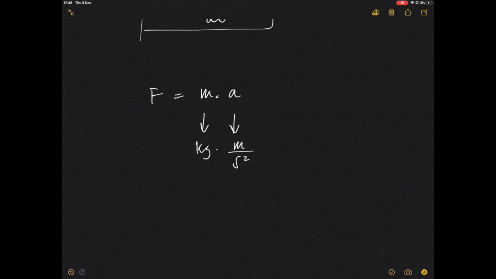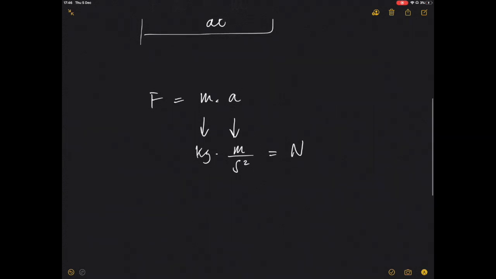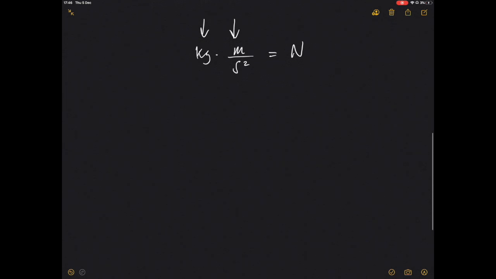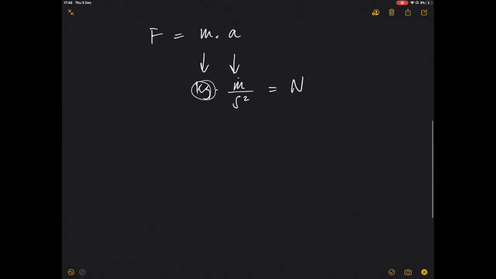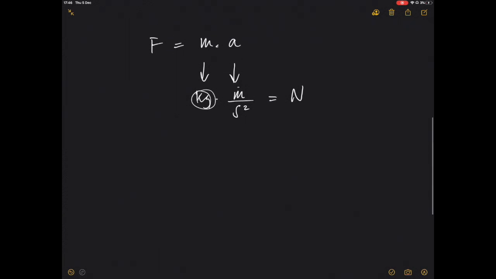Well, all of a sudden we've got our units for force, which we call newtons in this country. Some countries don't, but we call them newtons. And we can also see that mass here is related to the way in which the force moves. So the unit of force is defined as the amount of force that gives 1 kilogram an acceleration of 1 meter per second squared.